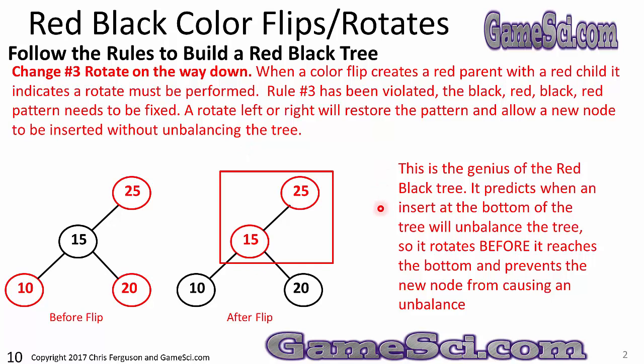It predicts when the insert at the bottom of the tree will unbalance the tree, so it rotates before it reaches the bottom and prevents the new node from causing an unbalance. Here's the color pattern before I do my color flip. Red, black, red pattern is intact. When I see this black parent with two red children, color flip says flop those colors.